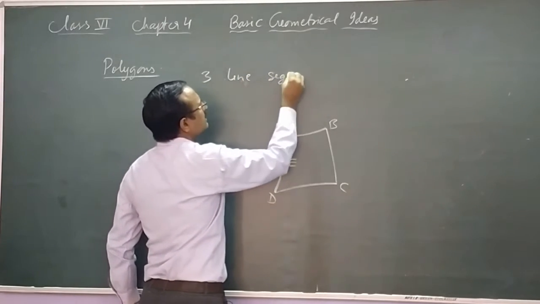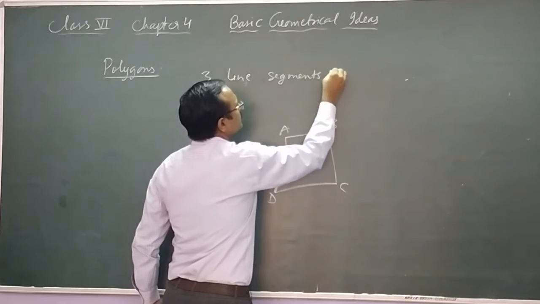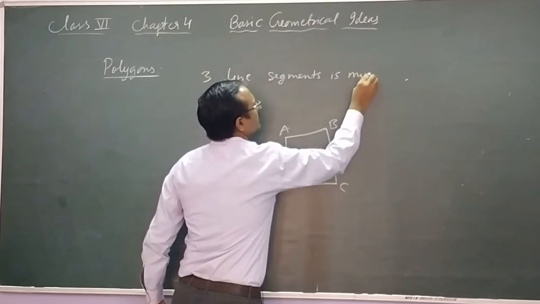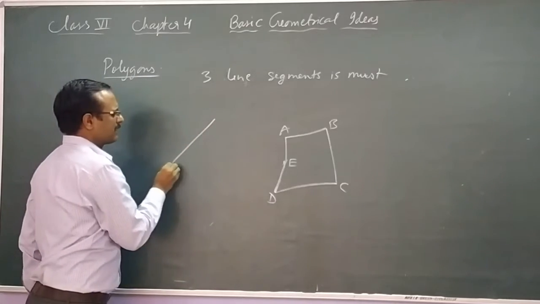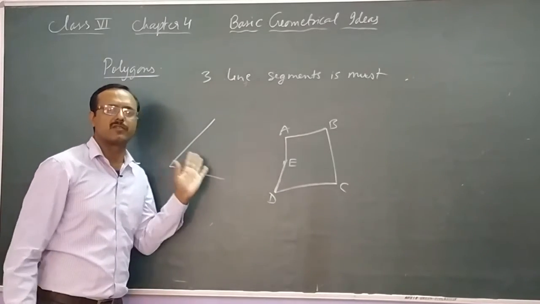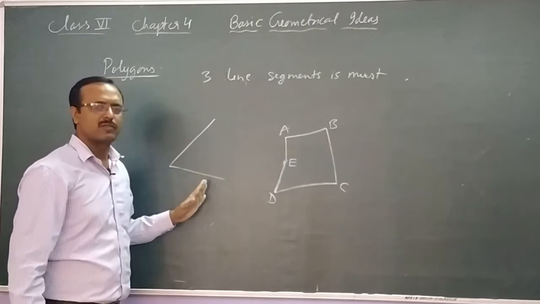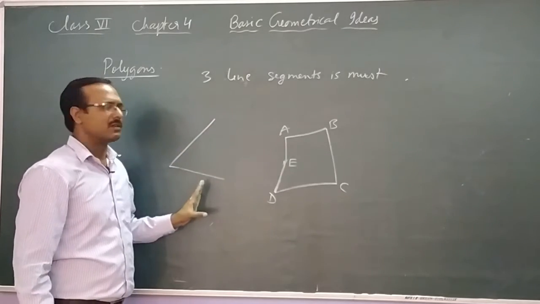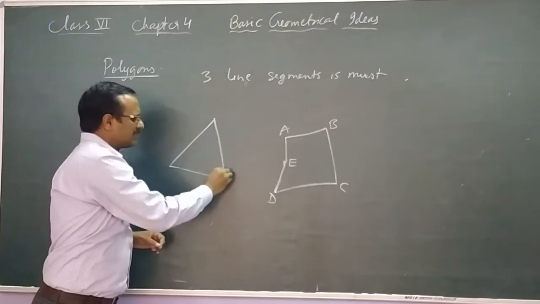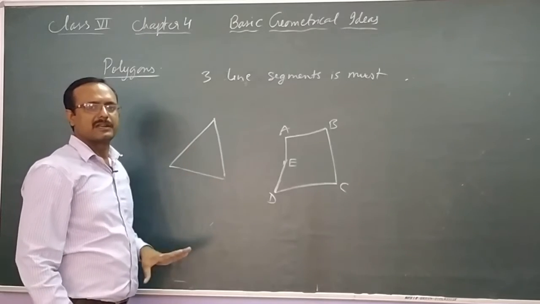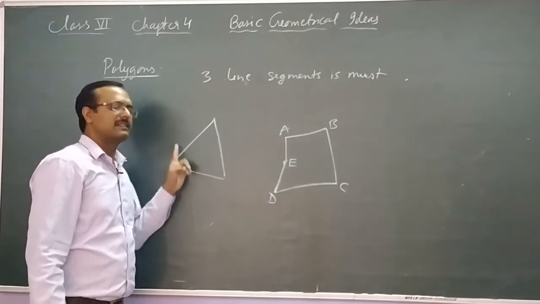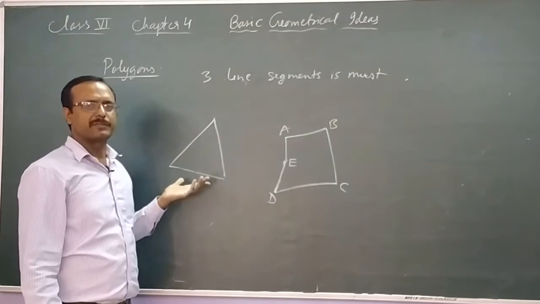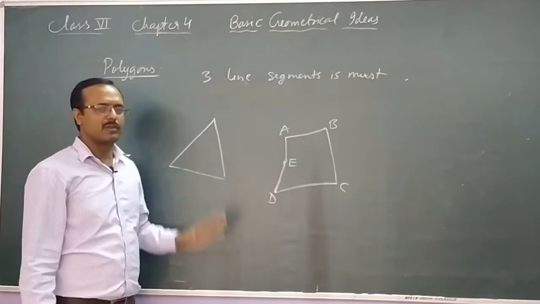If there are only two line segments, it will not be a closed figure, and if it is not a closed figure, it is not a polygon. So at least one more line segment is required to complete a closed figure. So the minimum requirement is 3 line segments to make a polygon.